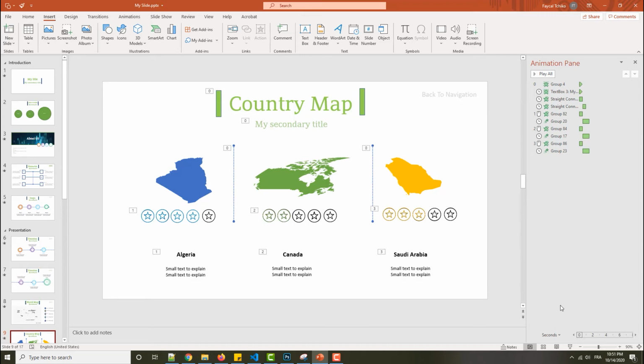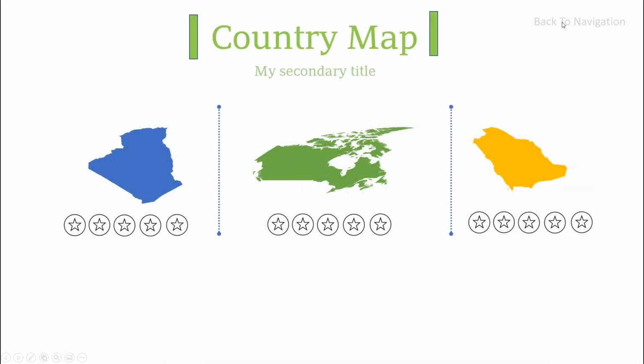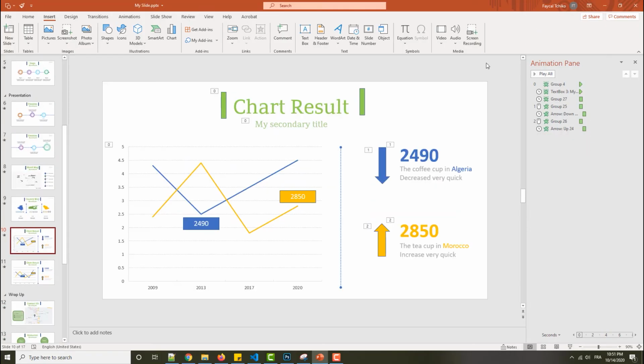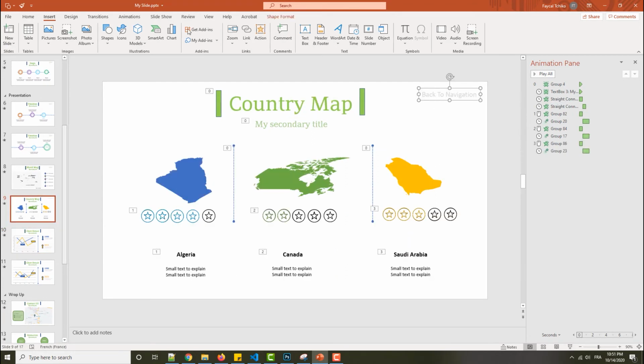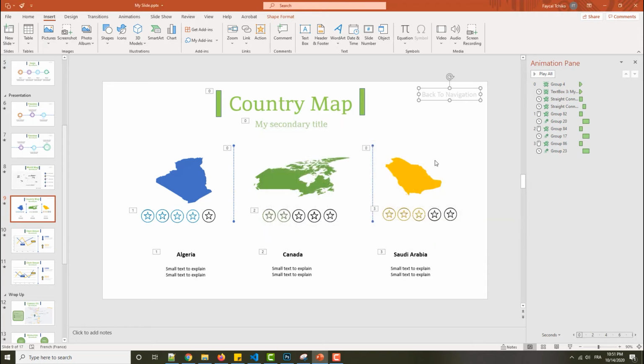So if I start my presentation from here and I click here, let's just wait for our presentation to finish. Now when I click, oops, did I link it or not? Let's see again. There is no link. I didn't make a link, sorry. So it is slide 2. Okay, let's do it again.